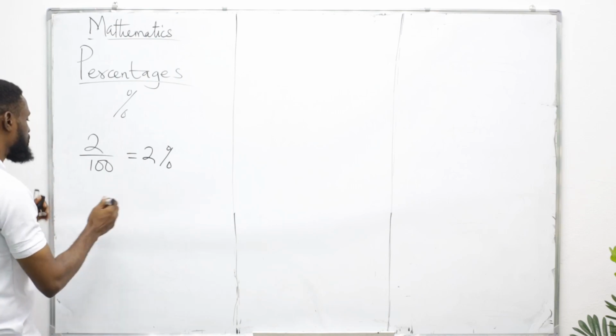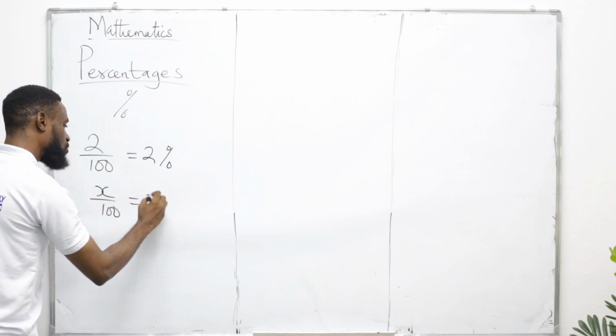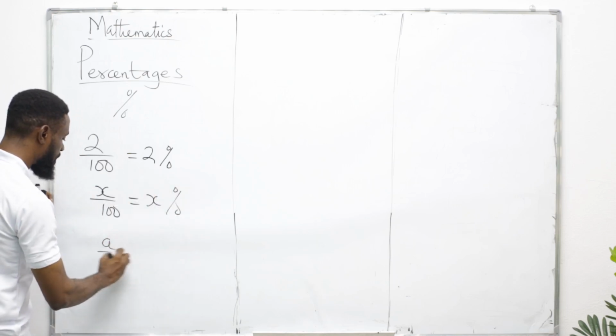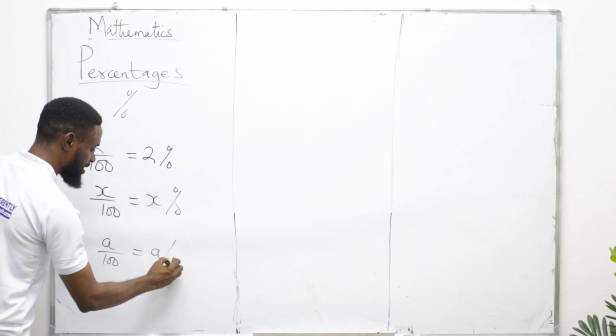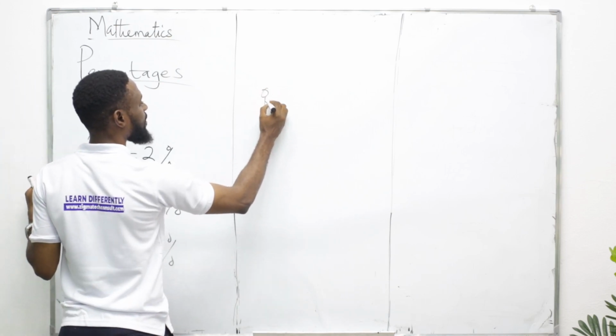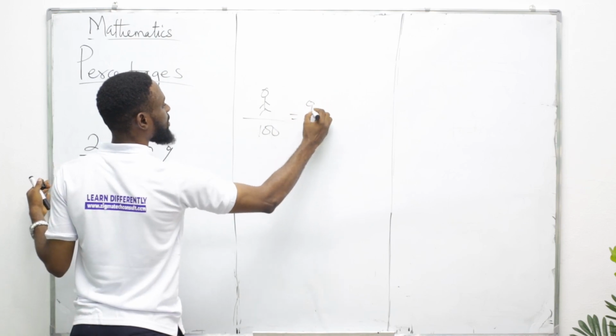So what it means is that if we have x over 100, this means x what? Percent. If we have a over 100, this means a percent.